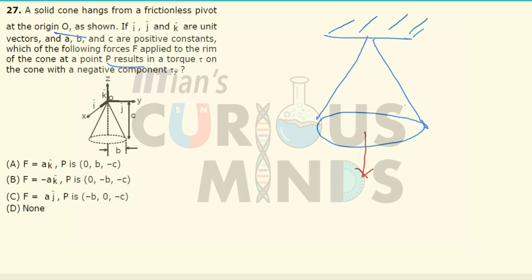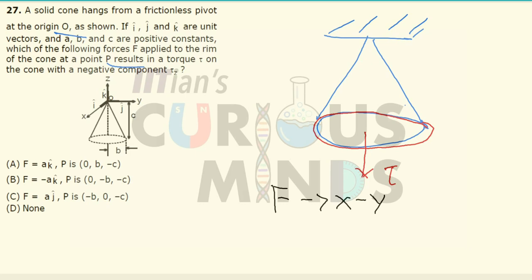First of all, the force is applied to the rim of this cone. So if I am applying the force along the rim of the cone and I want the torque in the z axis, it means that the force should be applied in the xy plane.